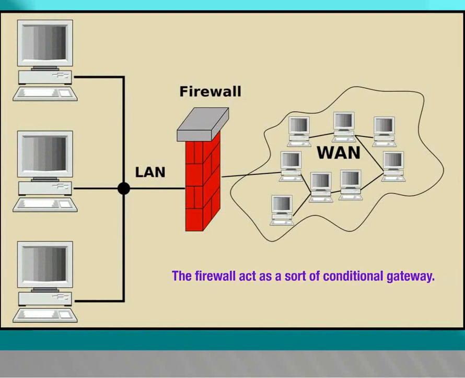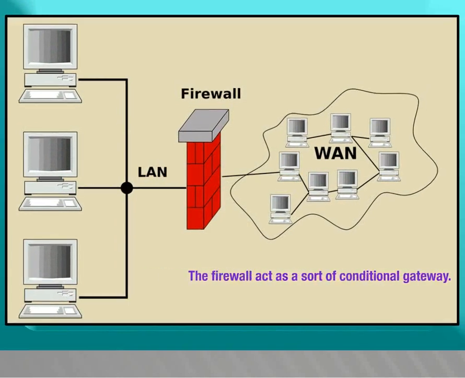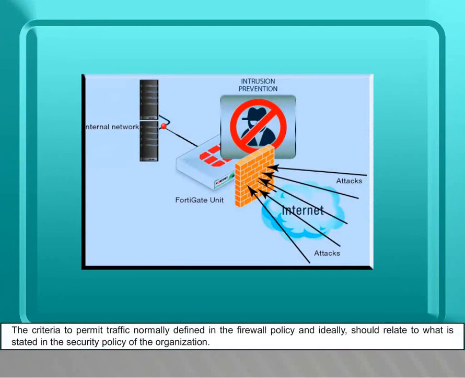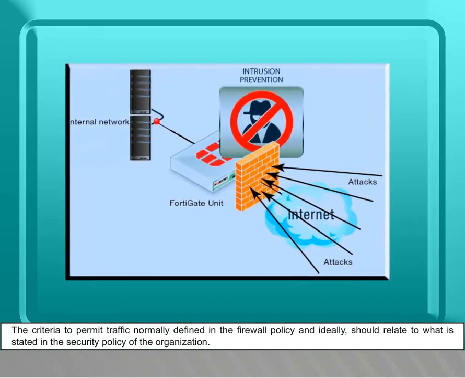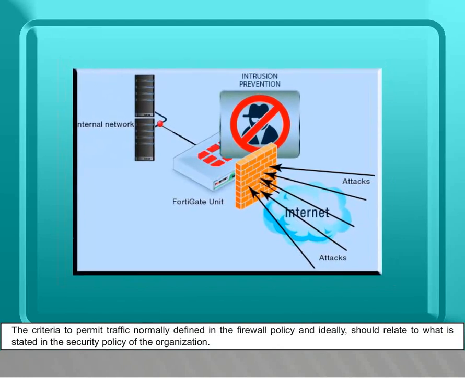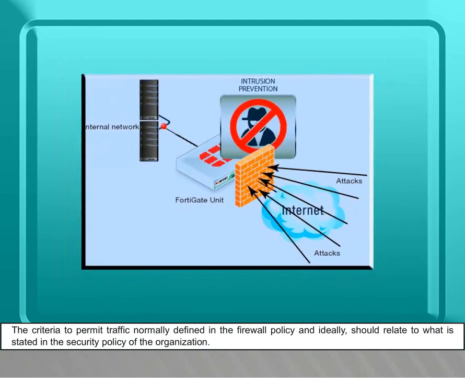The firewall acts as a sort of conditional gateway. The criteria to permit traffic are normally defined in the firewall policy and ideally should relate to what is stated in the security policy of the organization.